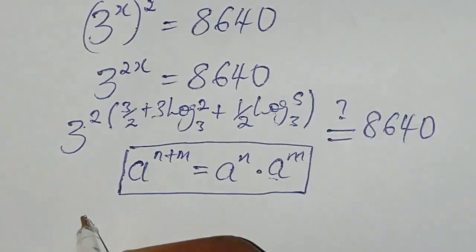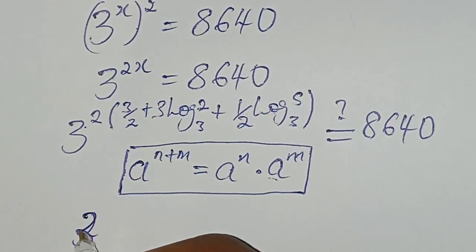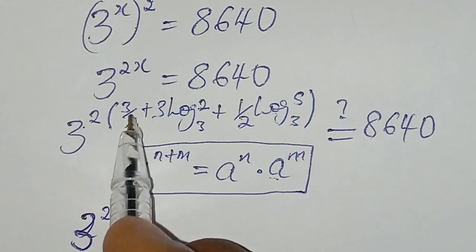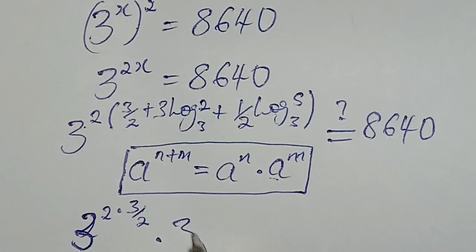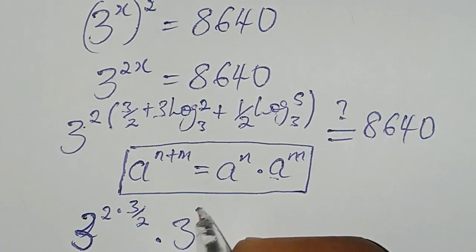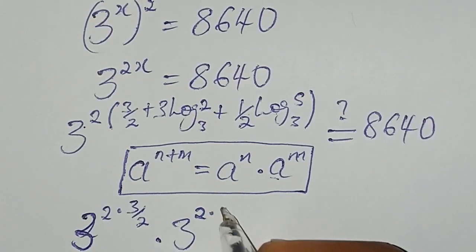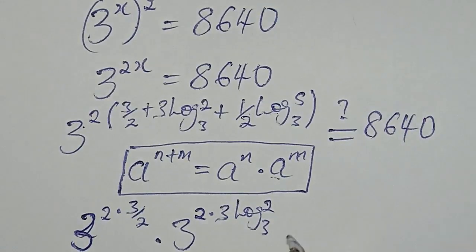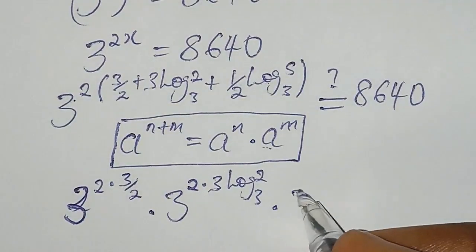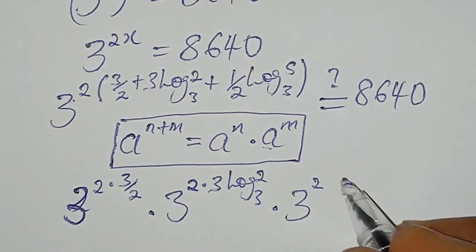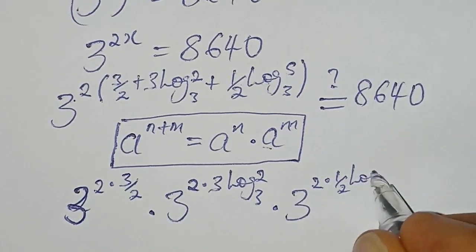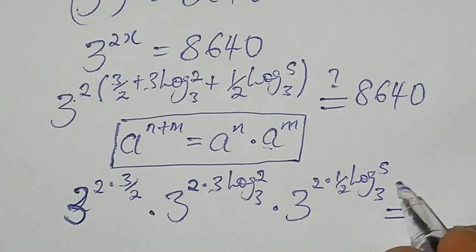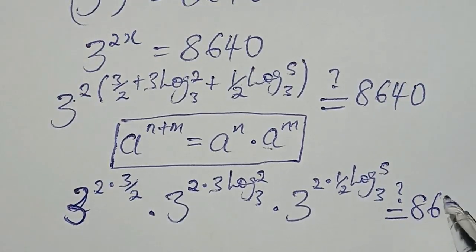Then this will give us 3 to the power of 2 multiplied by 3 over 2 for this, then multiplied by 3 to the power of 2 multiplied by 3 log 2 base of 3, then multiplied by 3 to the power of 2 multiplied by 1 over 2 log 5 base of 3. Would that be equal to 8,640?